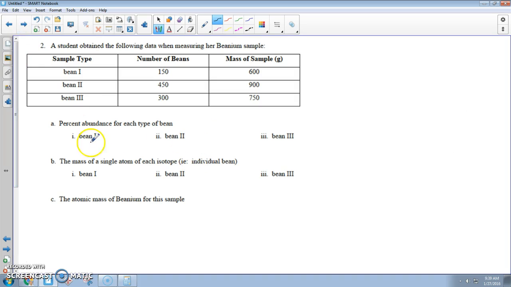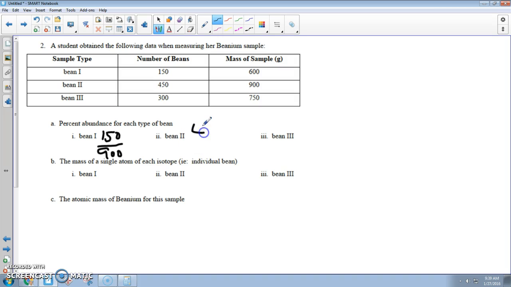Let's look at it the other way. Percent abundance is just how often does it occur. So we're doing 150 over the total number of beans, which is 900, which works out to be about 16.67%. It is a sixth.